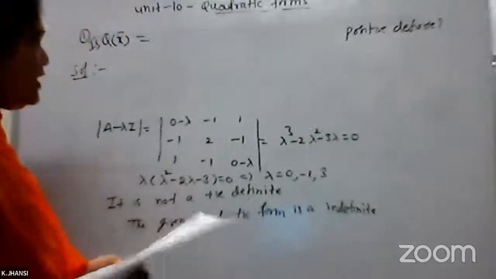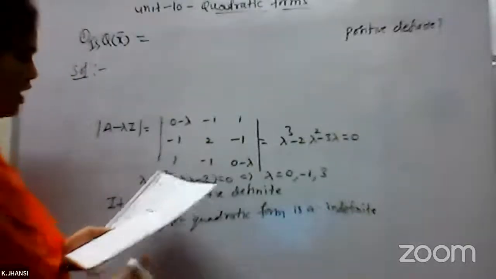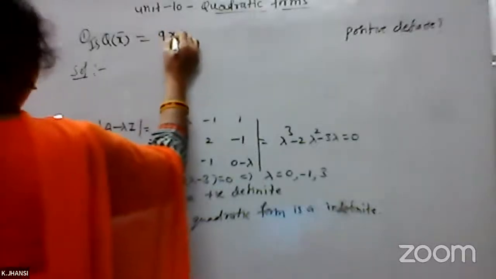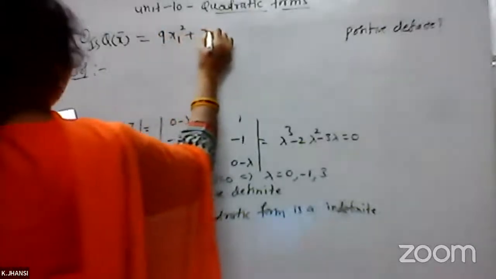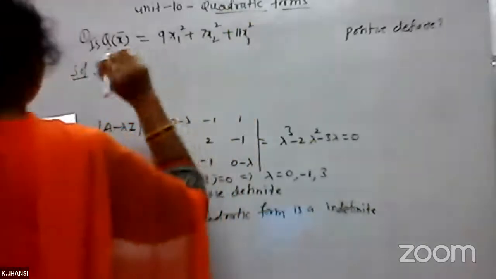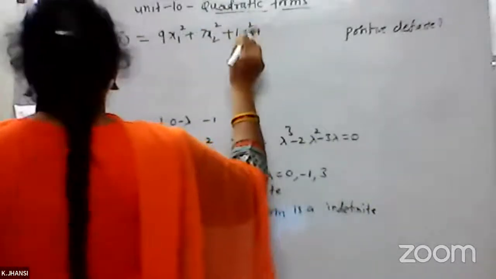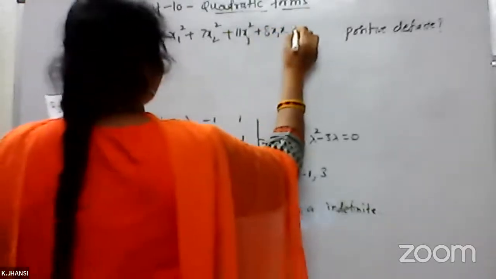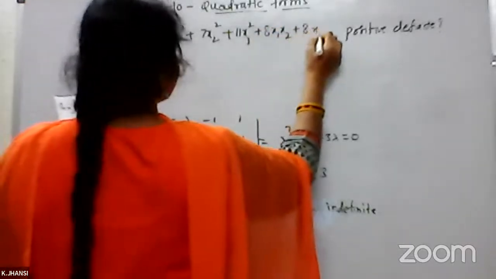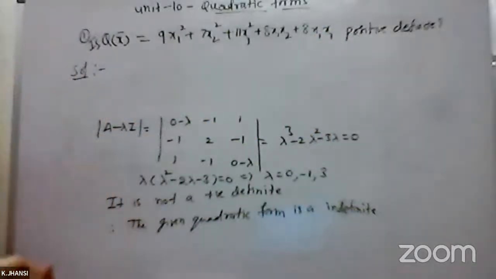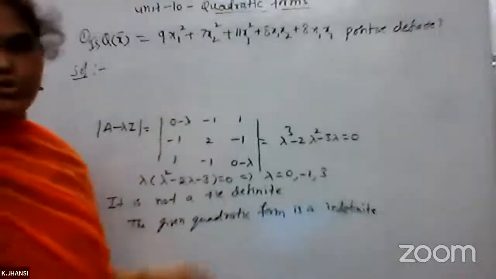It is somewhat lengthy, so I will tell a shortcut. Q of x equals 9x1 squared plus 7x2 squared plus 11x3 squared plus 8x1x2 plus 8x1x3. The question is the same: is Q of x positive definite?